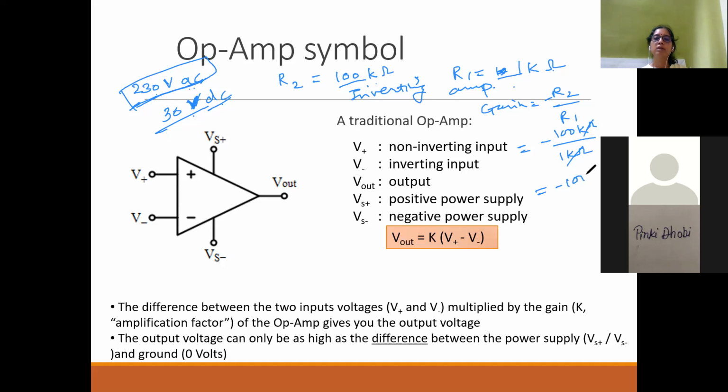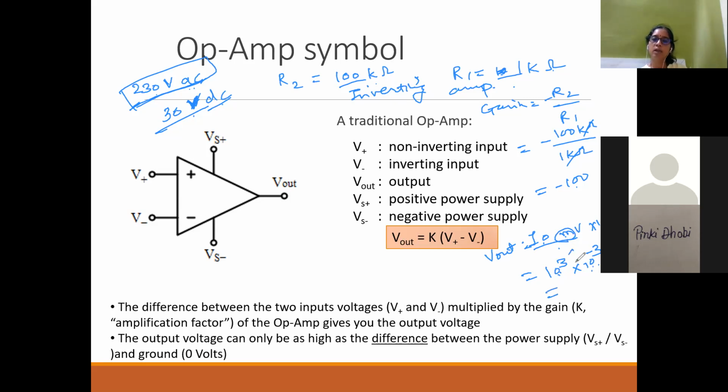So what is your gain value? 100 only. If your input is a 10 millivolt signal, multiply by 100, that will be your output. So 10 raised to power 3 into 10 raised to power minus 3 from milli. 2 zeros from here and 1 zero from here, so it becomes 10 raised to plus 3, and the 10 raised to power minus 3 comes from milli.